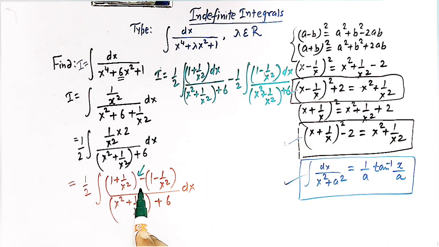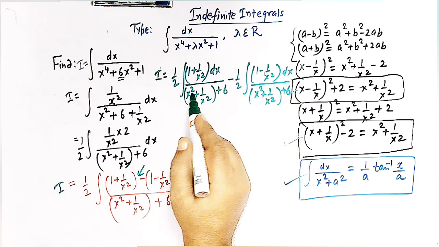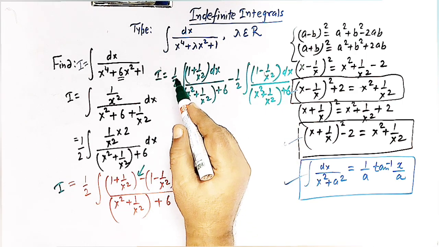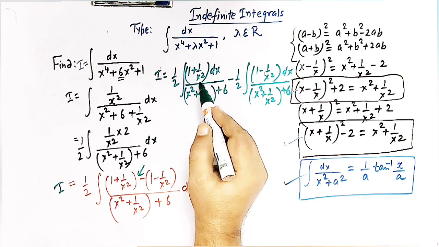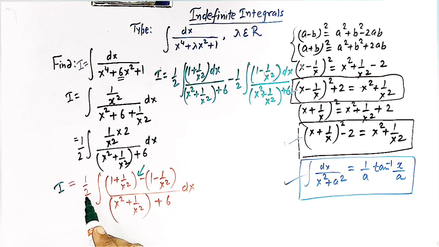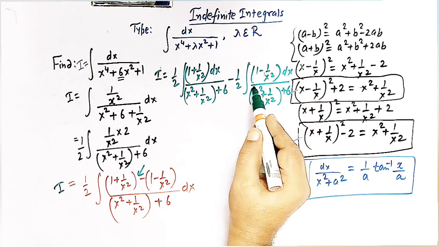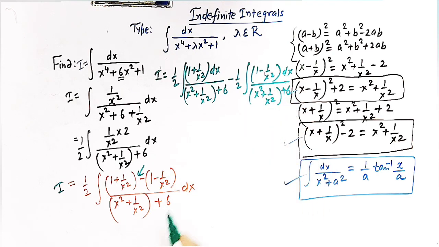So what we have done here is express this integral I as a difference of two integrals, right? The first one is half, then we have (1 + 1/x²) dx in the numerator, then half and (1 − 1/x²) dx in the numerator, right?